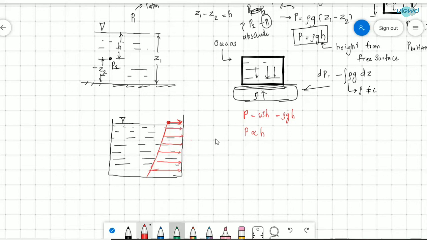And also there will be atmospheric pressure acting outside on the other side of the container. This is also the atmospheric pressure.